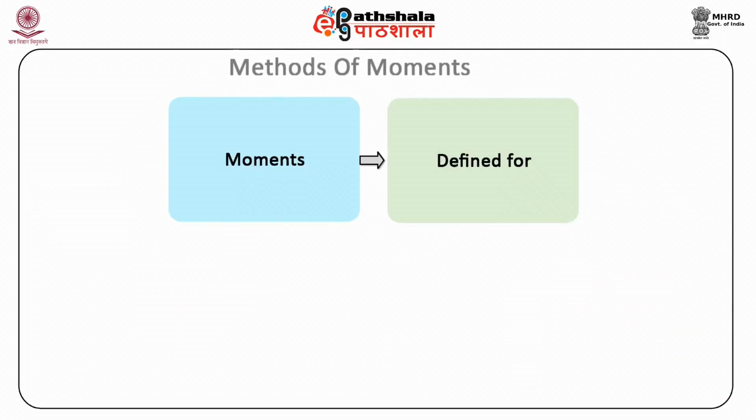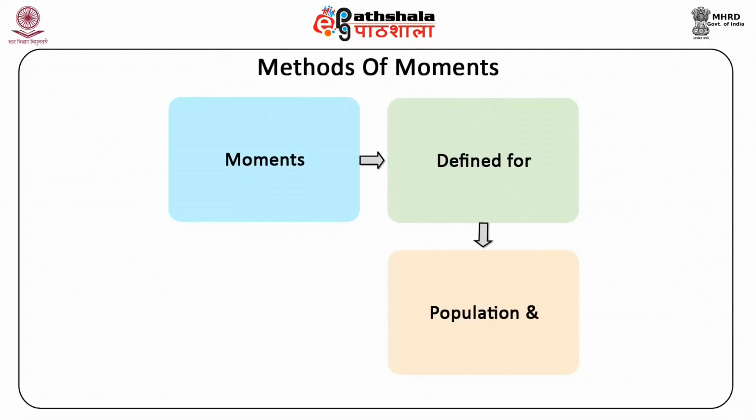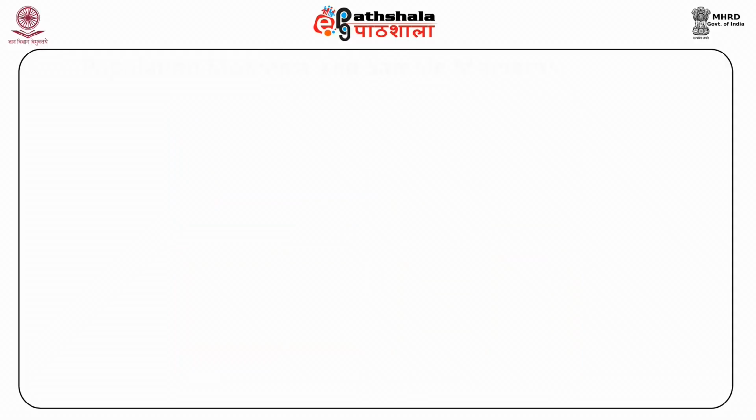Moments can be defined for both the population and the sample. Let us first understand what is meant by moments before learning how this concept is used in deriving the required estimators. First, we will discuss population moments and sample moments.